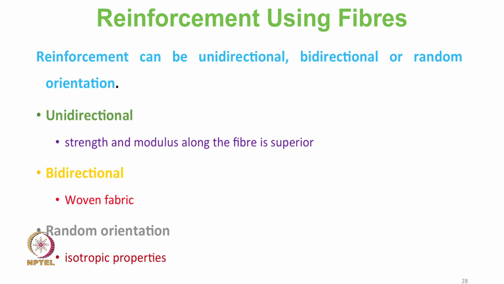In one dimension, maximum strength and stiffness are obtained in that direction of fiber, that is unidirectional. Planar, in two directions, strength is obtained, that is woven fabric, and random or 3 dimensional, isotropic property we can get from random orientation.